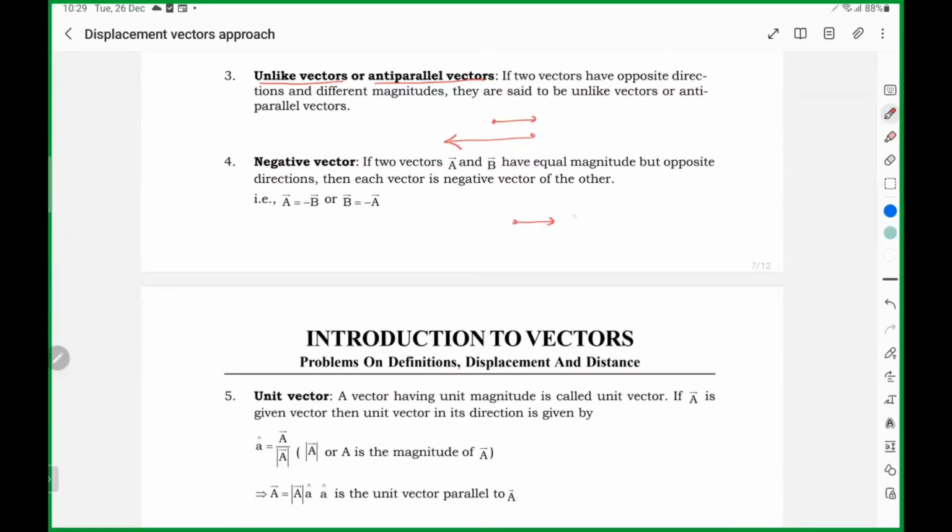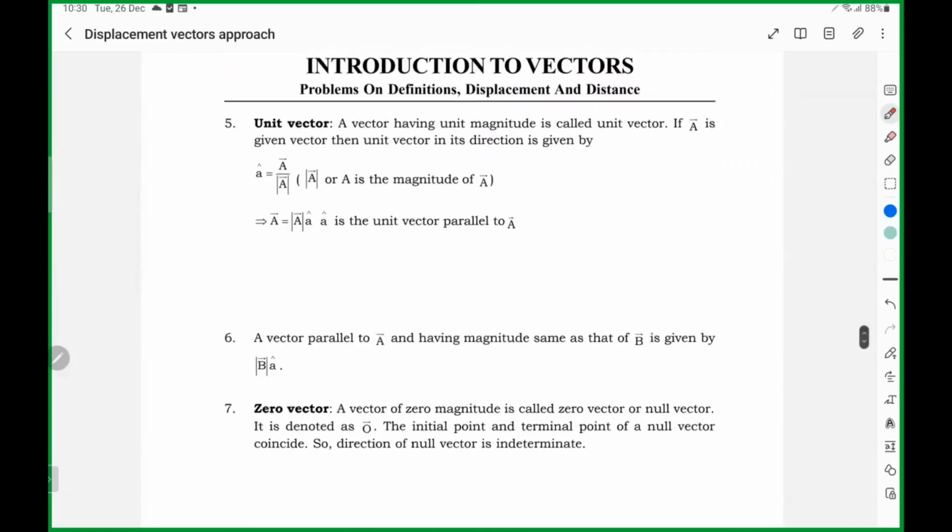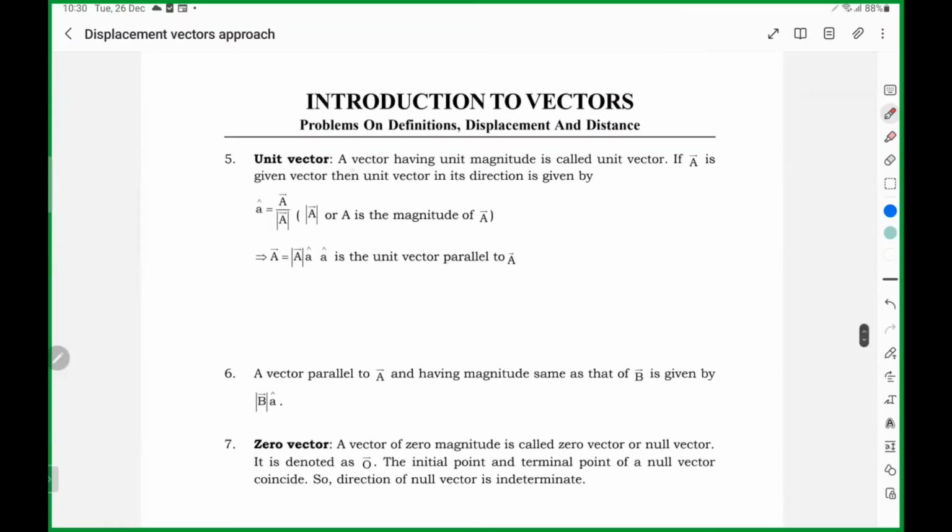If you write a vector as a bar, the opposite direction we represent with minus a. A unit vector means having unit magnitude. Suppose I take a vector like this; by earlier discussion, its magnitude is this, so its length is not 1.